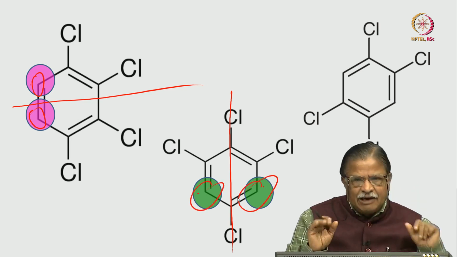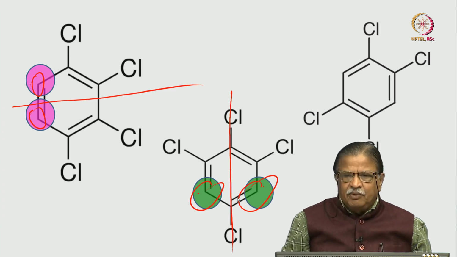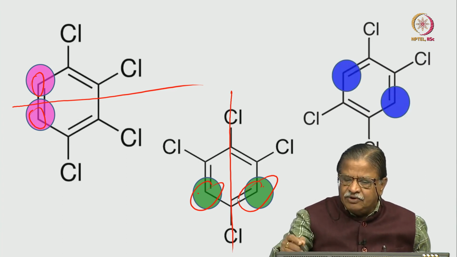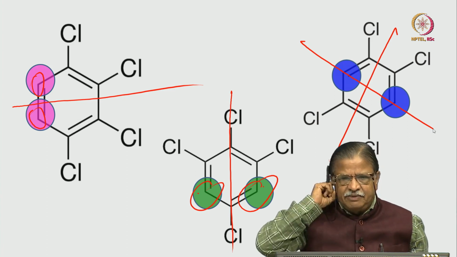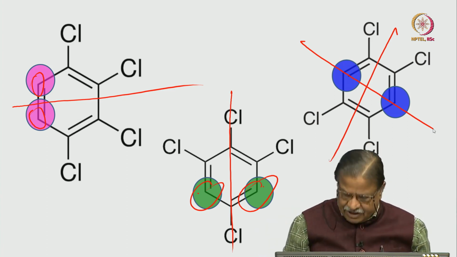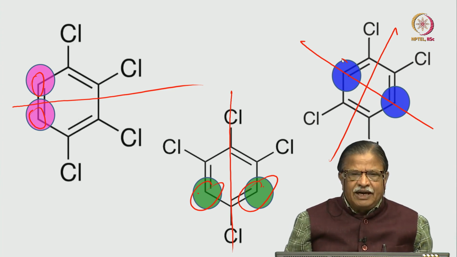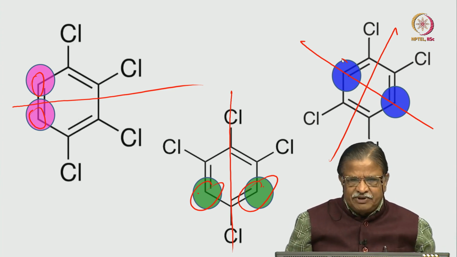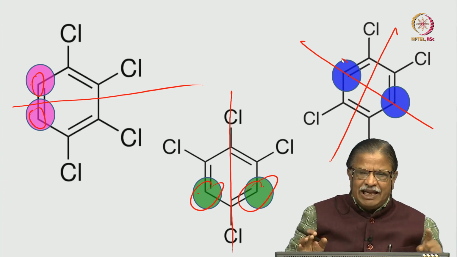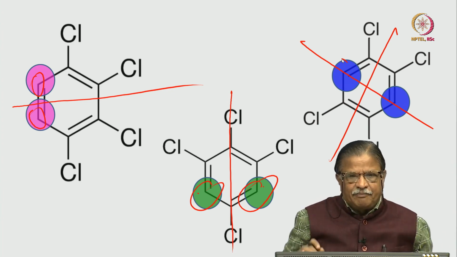This also gives you a single peak. What about this molecule? Here also there is a symmetry axis, C2 symmetry, two symmetry axes are there. Again this proton and this proton are equivalent, and we are going to get a single peak. So, for tetrasubstituted benzenes like this, because of chemical equivalence, we get only a single peak.